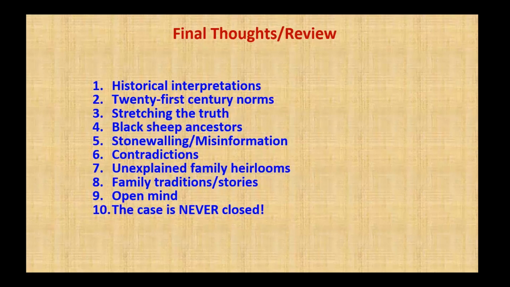I'm sure some of you have heard the term, I believe, the rose-colored glass syndrome, that when sometimes people talk about the past, all they remember are the good things. They don't always remember some of the not so good things. Have to keep that in mind. Number nine, keep an open mind and again remember historical context. And finally, the case is never closed on any genealogical conclusion.